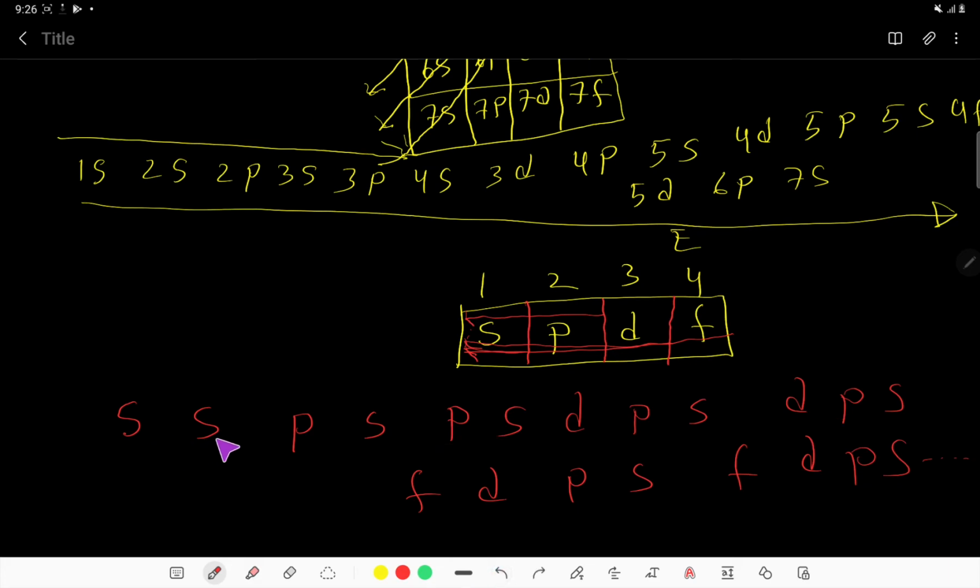Please say with me, SS, PS, PS, DPS, DPS, FDPS, FDPS, FDPS. So this is the way to remember electron configuration, the way to write electron configuration quickly. SS, PS, PS, DPS, DPS, FDPS, FDPS, FDPS, right?